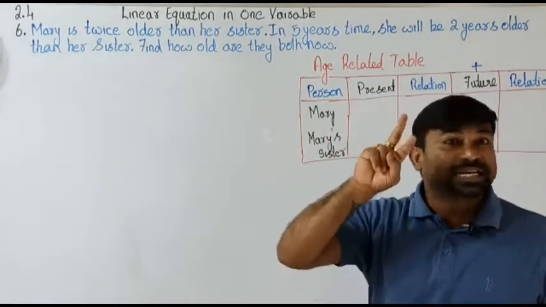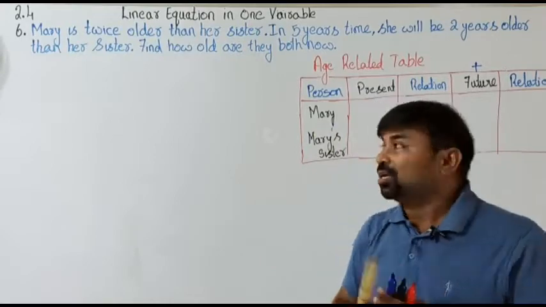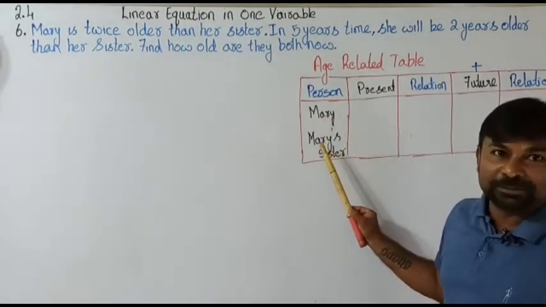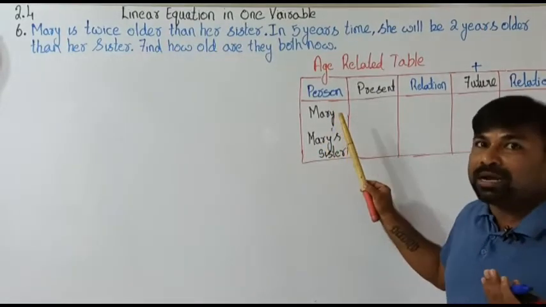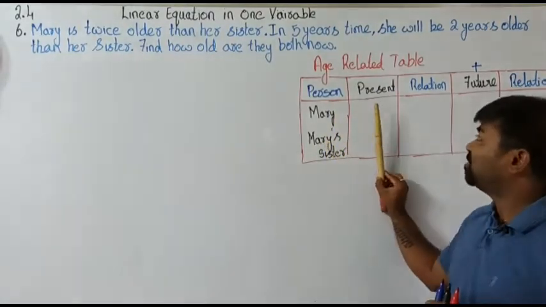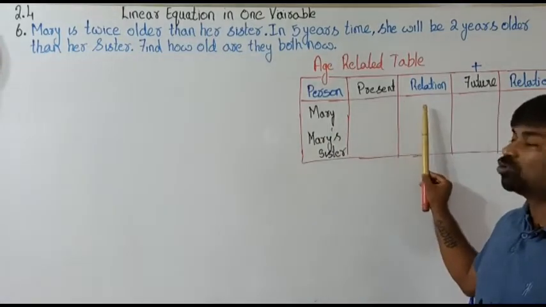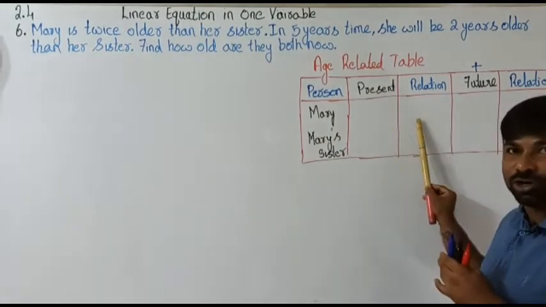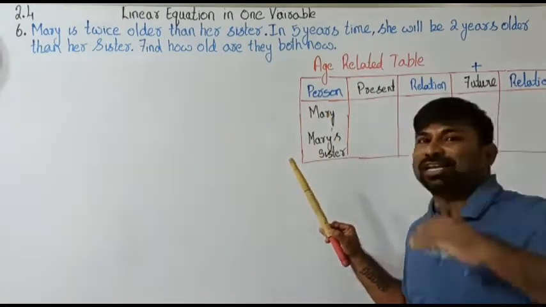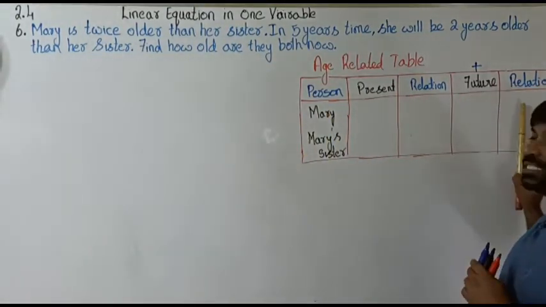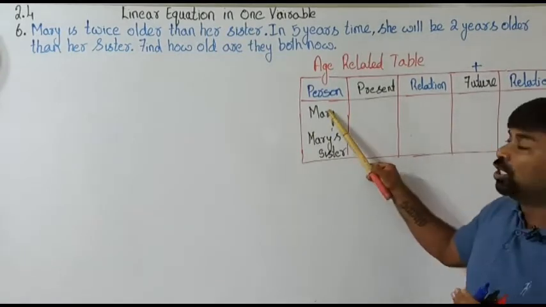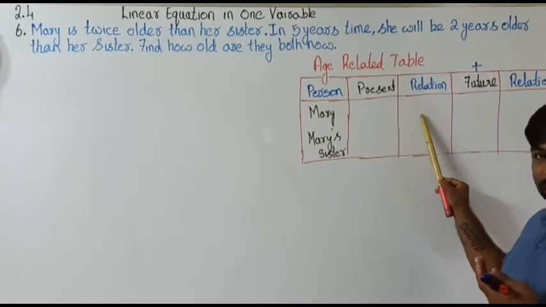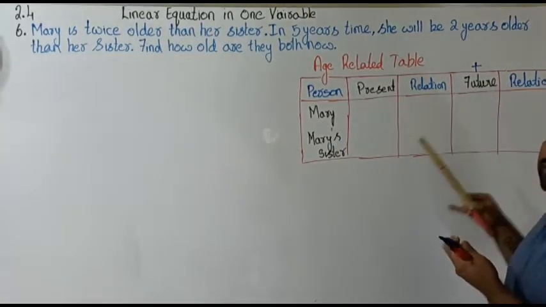So please remember, he is talking about two relations. The two people are Mary and Mary's sister. The first one is the present relation we are talking about, and next, the future relation we are talking about.